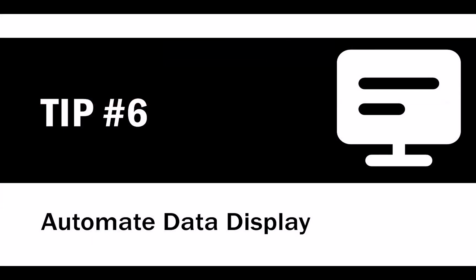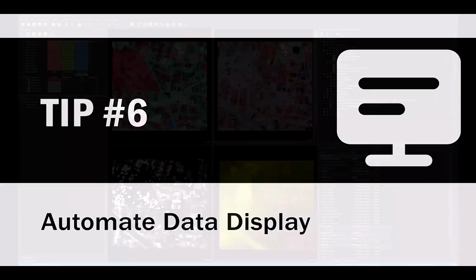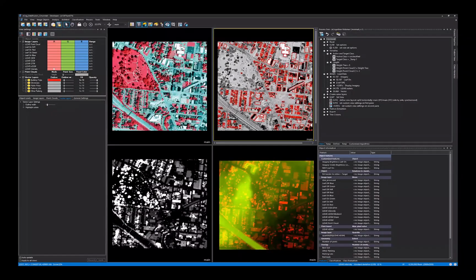So tip number 6 is to automate data display. This is one of the most overlooked features within eCognition. I love visual analysis of data. It's the foundation of how I approach feature extraction. I really need to see what I'm looking at. And one of the reasons why I love eCognition is you're not just writing code behind the scenes.